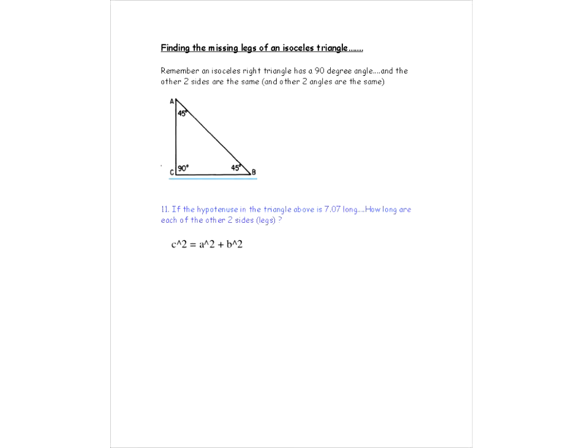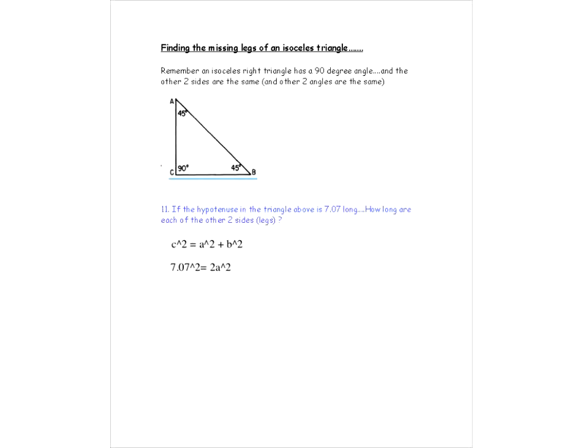So it's like saying c squared equals a squared plus a squared, or b squared plus b squared. It doesn't really matter which you choose. So we're going to call it a squared. So now we have 7.07 squared is equal to 2a squared. We're going to see how that helps us to solve the problem. If we didn't do that, we wouldn't really be able to solve this problem.